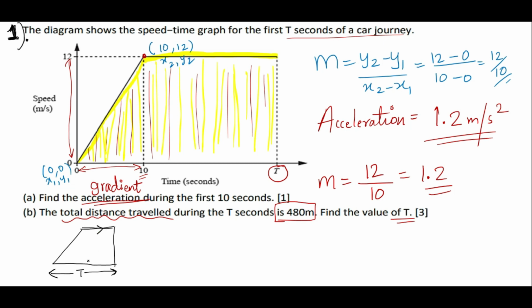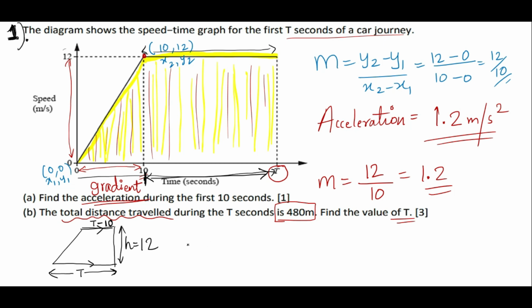Now these are the parallel sides of the trapezium. This distance is going to be t minus 10. Why? Because the line from here to here is t, so we just want to start from here. So this part is going to be t minus 10, and the height h is going to be 12. You can get it from the y-axis. This is the height.